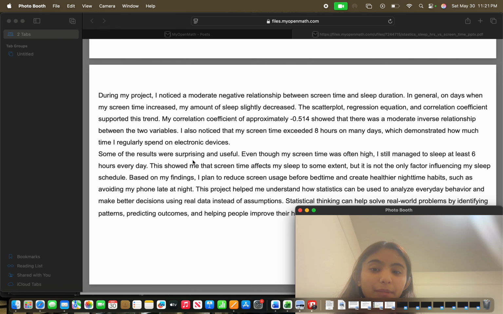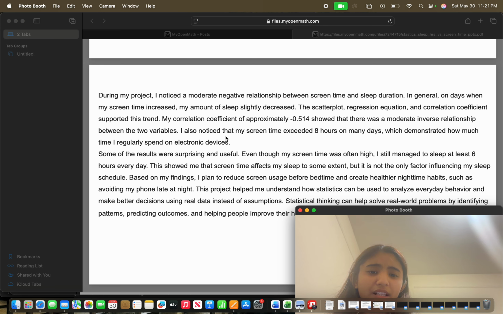During my project, I noticed a moderate negative relationship between screen time and sleep duration. In general, on days when my screen time increased, my amount of sleep slightly decreased. The scatter plot, regression equation, and correlation coefficient supported this trend. My correlation coefficient of approximately minus 0.514 showed a moderate inverse relationship between the two variables.